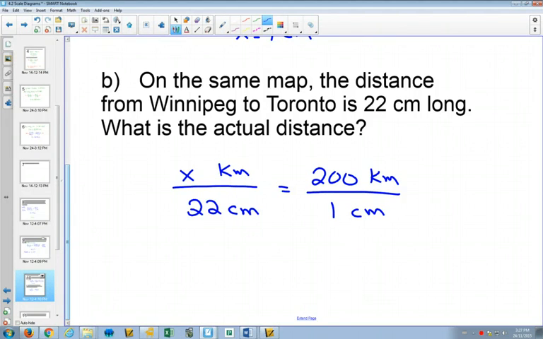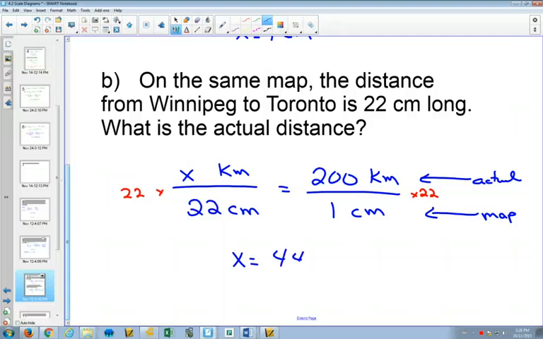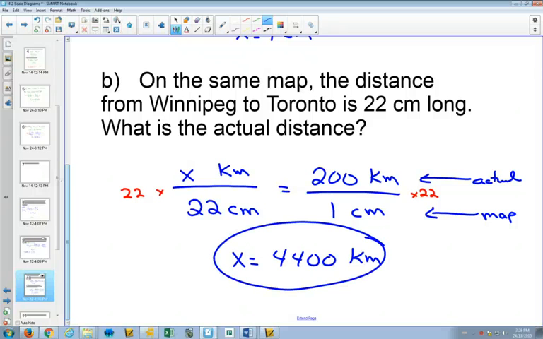So now we're putting the actual ones on the top, and we're putting the map or the drawing on the bottom, because this time we wanted to find an actual distance. And you multiply both sides by 22. And we would get 4,400 kilometers.